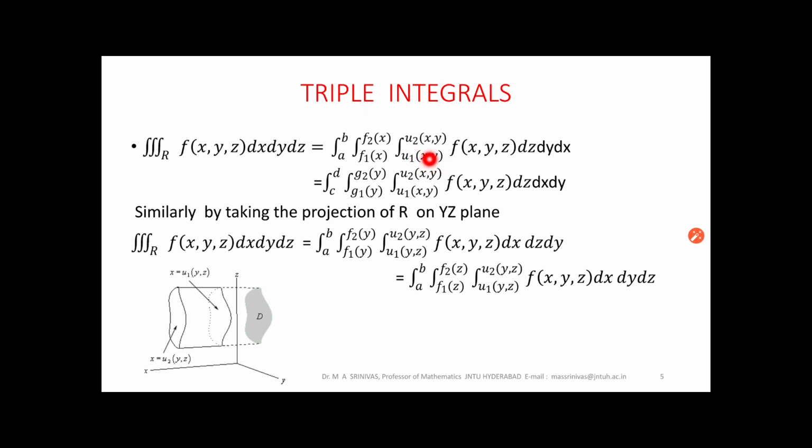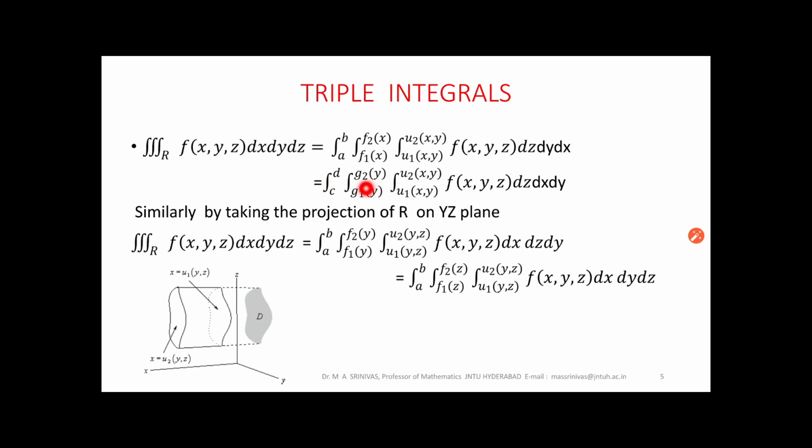So the z limits are between u1 to u2, and the x and y limits will be in the region D. In the double integral, we learned that one set of limits will be functions of x and another set will be constants, or one set will be functions of y and another set will be constants.